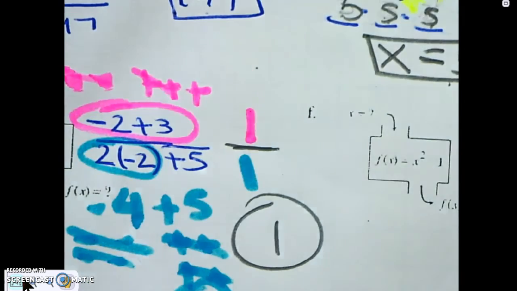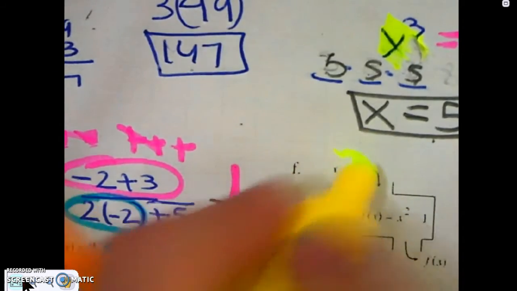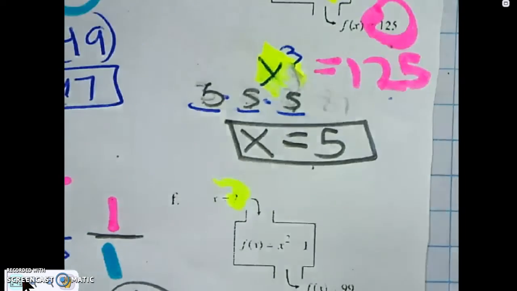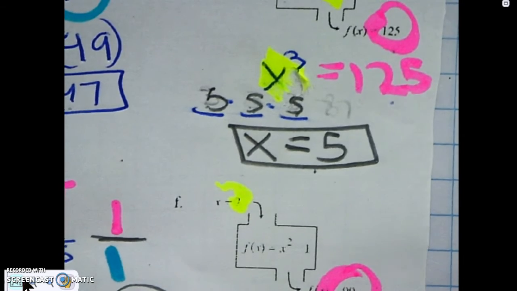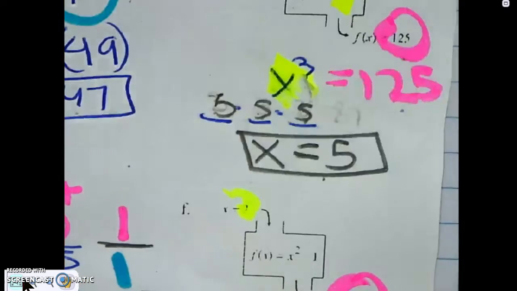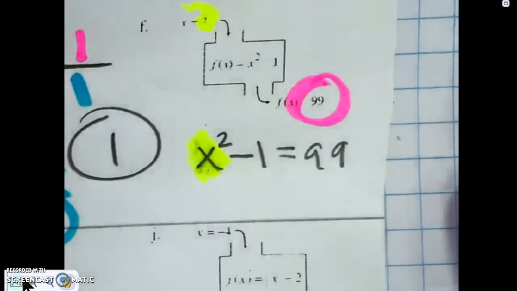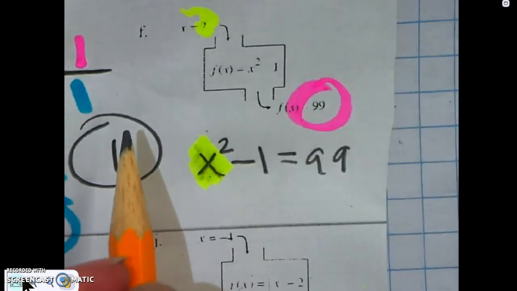All right, let's go to the next one. The next one, they did it to me again, darn it. They didn't tell me what x was. So I don't know what x is, but I know that when I'm done, I'm supposed to get 99. That means x squared minus 1 is supposed to give me 99. So I've got to figure out what x is so that when I get the answer and I subtract 1, I get 99.